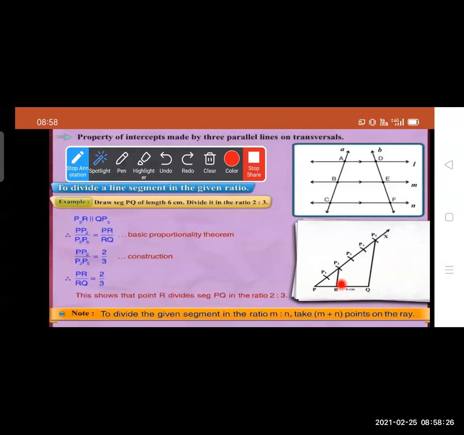So we say that when 2 lines are parallel to each other and the given line is transversal, it cuts the lines at the given points. So here line A cuts the lines L, M, N in A, B, and C. Line B cuts them in D, E, F respectively.